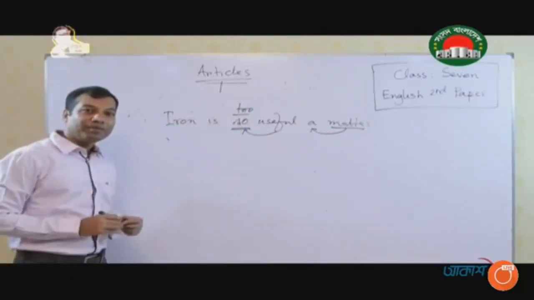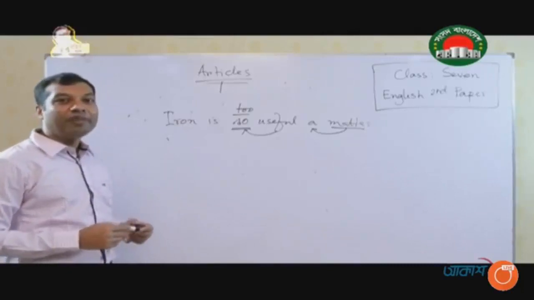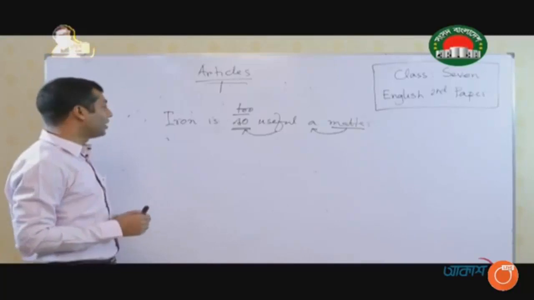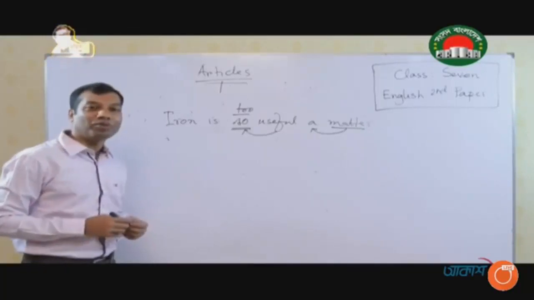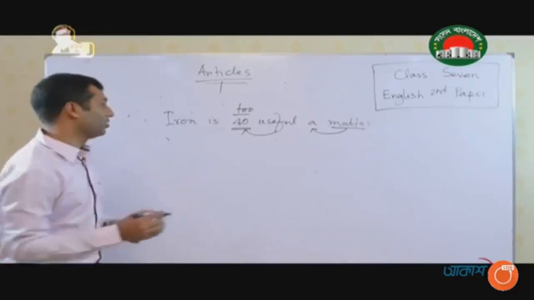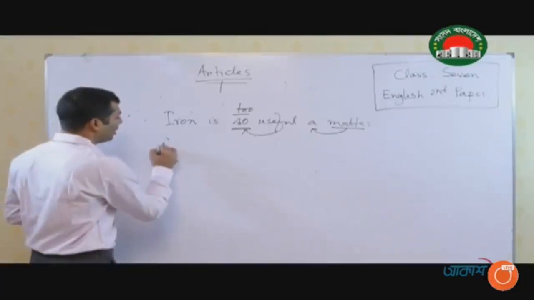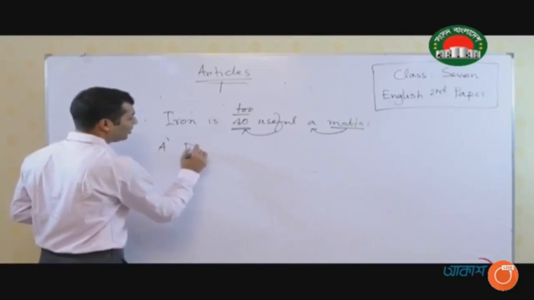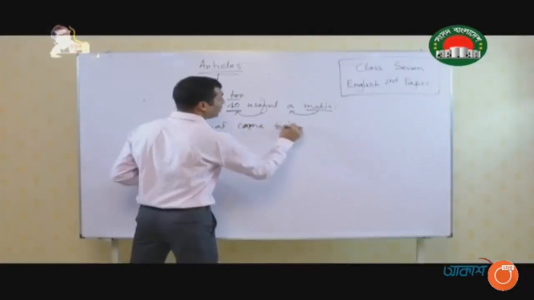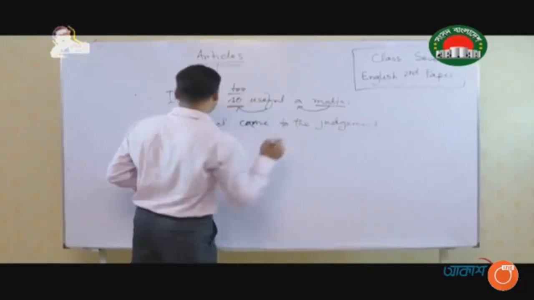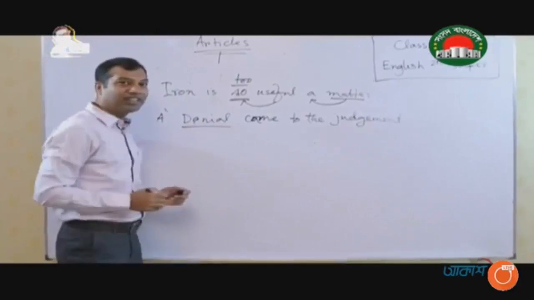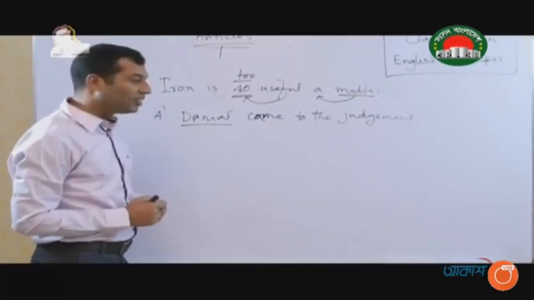Sometimes some proper nouns are made common nouns, and in this case, if you want to make a proper noun a common noun, we need to use an article. Daniel came to the judgment. You know that Daniel is the name of a person, so basically this is a proper noun.